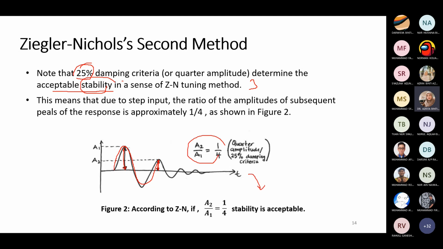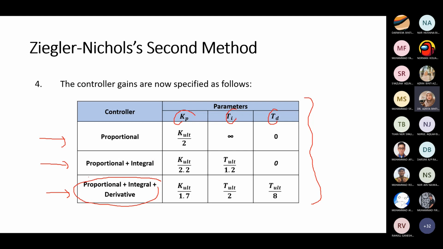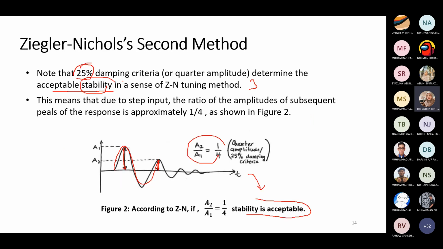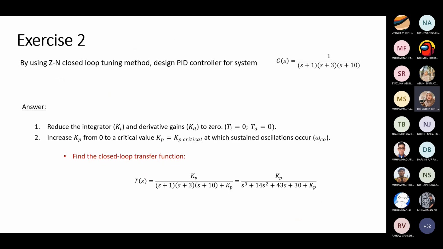So it concludes that with this 25%, the stability is acceptable. That's why the tuning is based on 25% overshoot. Okay, so now we learn how to design the Ziegler-Nichols controller using the second method, or closed loop tuning method.